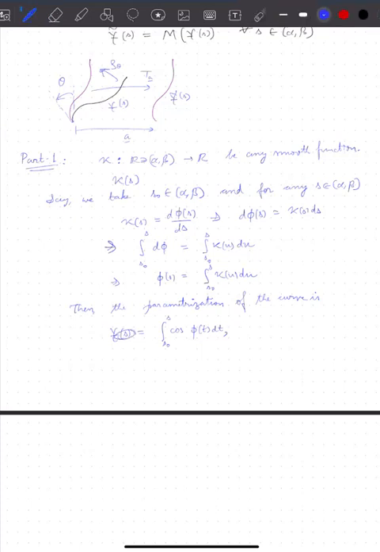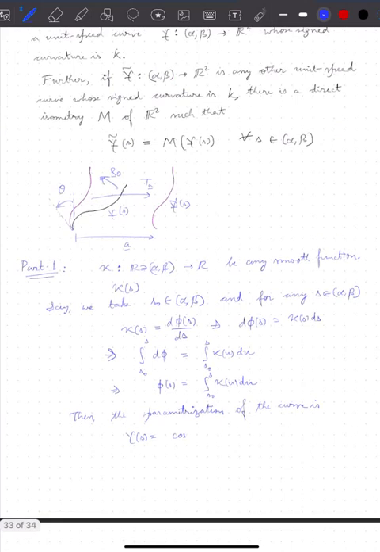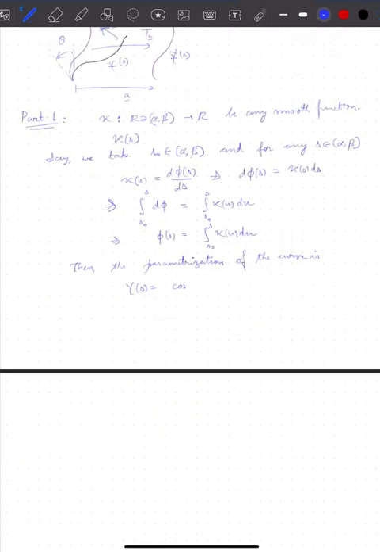So from here, the logic behind this is, since we know that gamma of S is going to be a unit speed curve, all that we require is that we express our tangent.